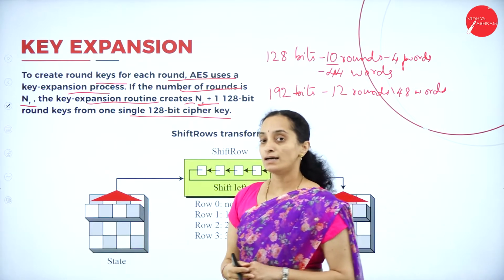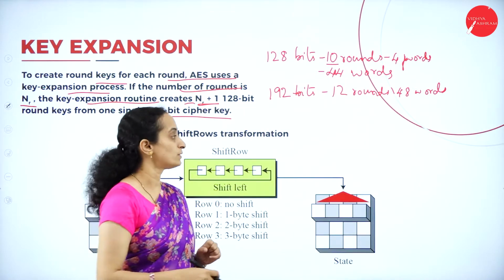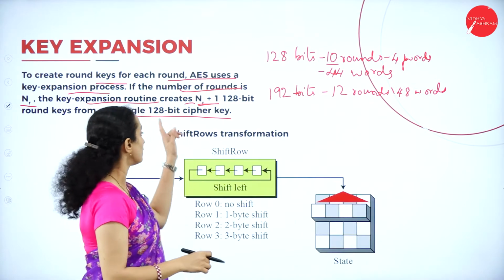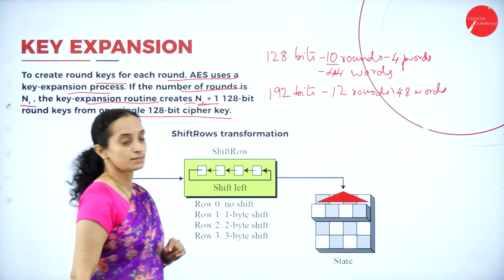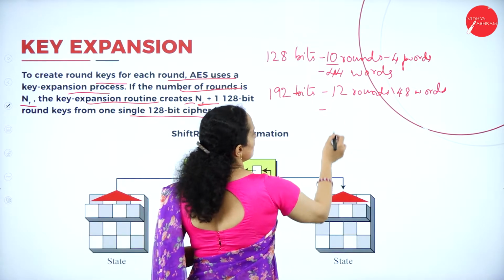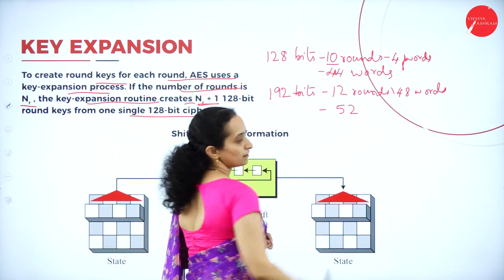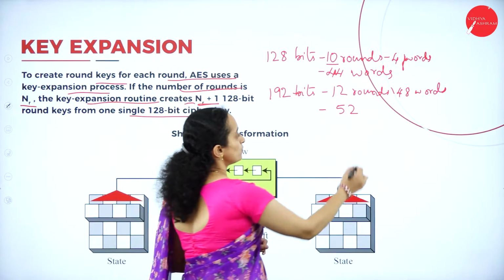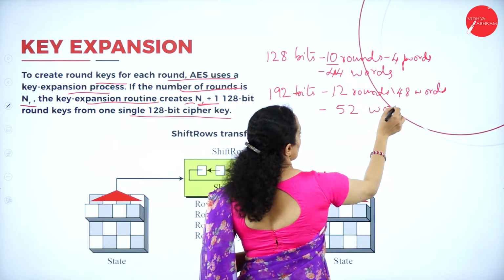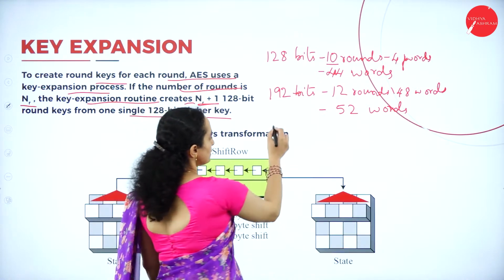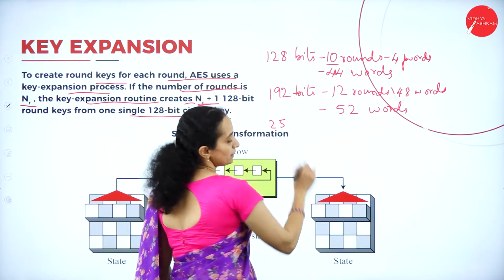But as the key expansion rule says, you have to have Nr plus 1 round keys. So that means you will have 48 plus 4, 52 words of round keys. It generates 52 words.